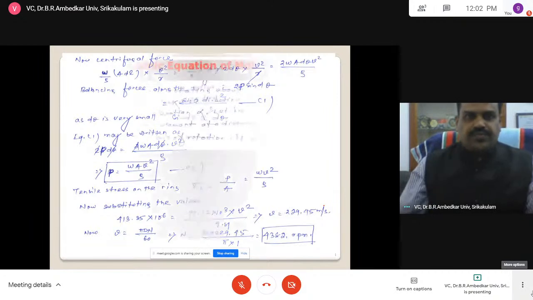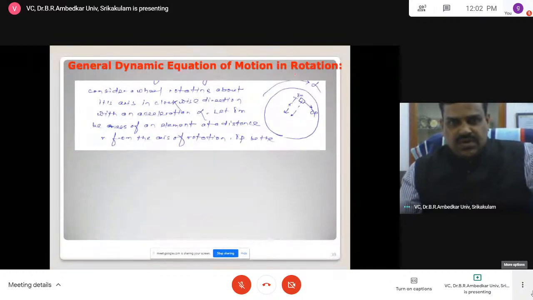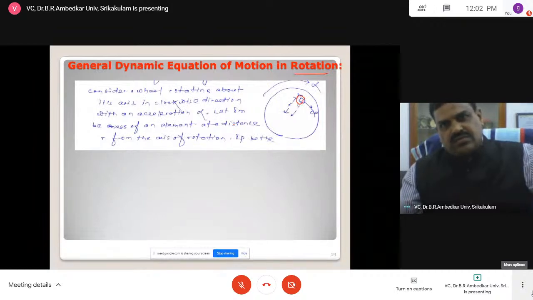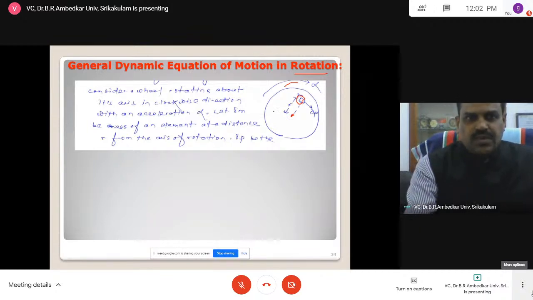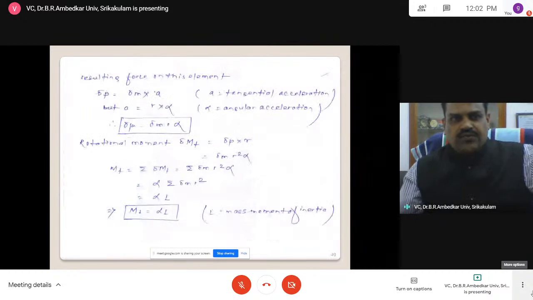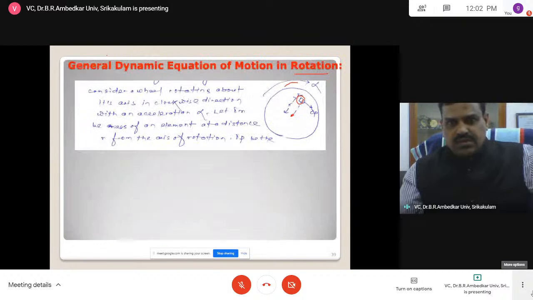So now let us consider the plane model. The general dynamic equation consists of a rotation. Consider the body of small mass disk with an angular acceleration alpha at a radius r from the center. Okay. Now force is equal to this.